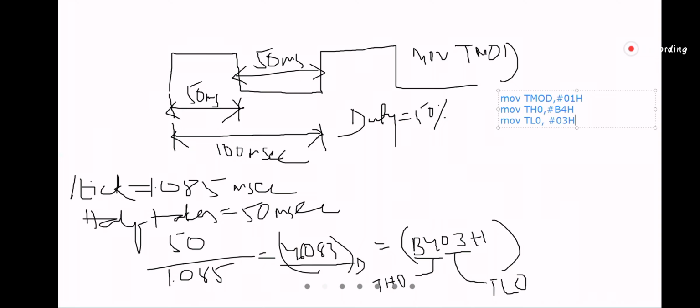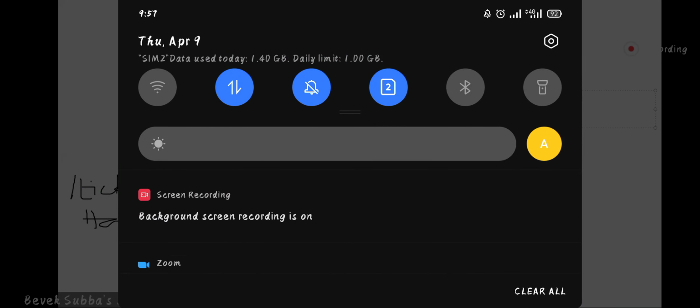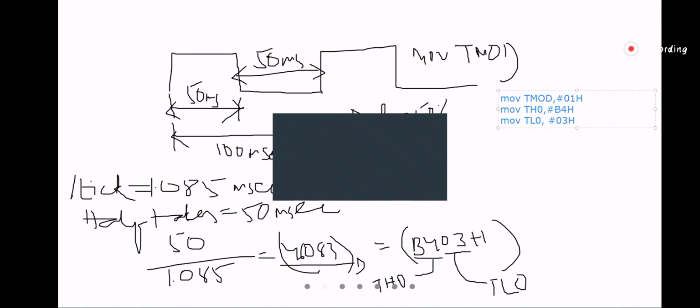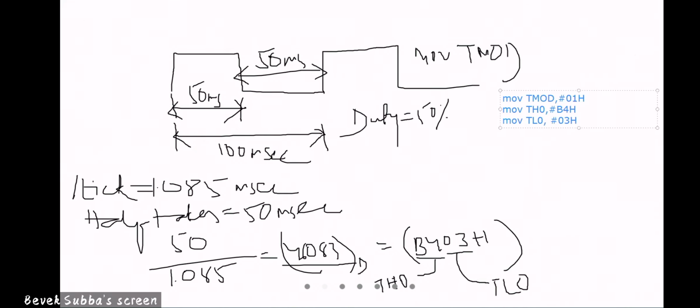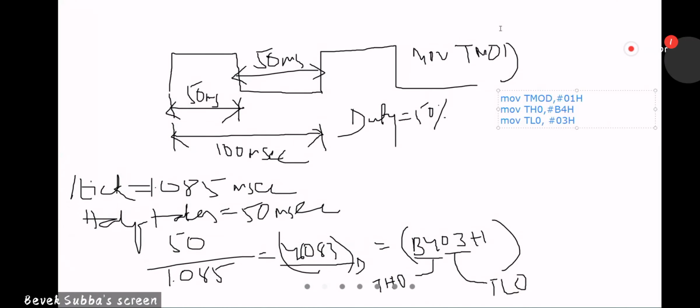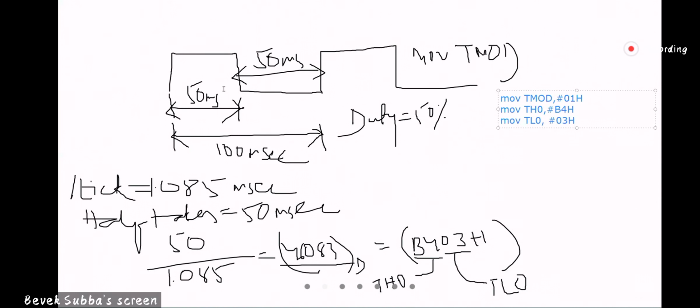I think I have plotted it also, but I'm not able to get that. Okay, let's go to this file.